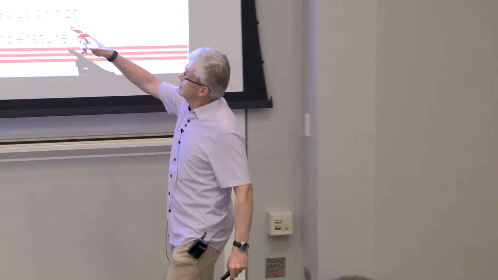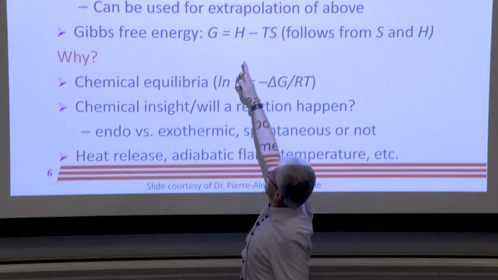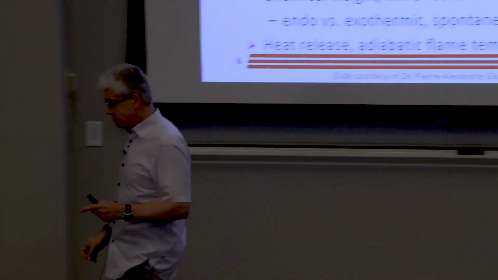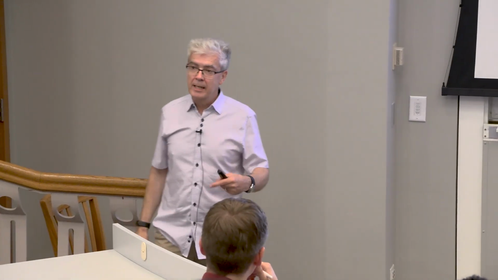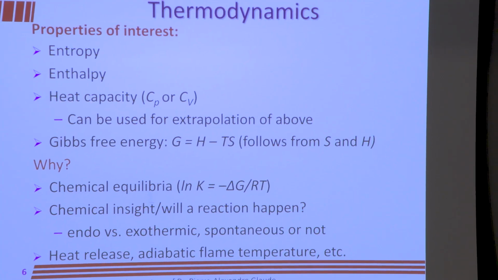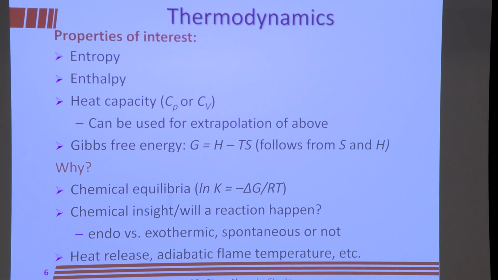So that's what G is equal to, H minus TS. What makes that most negative is if you have a 0 or negative H. In other words, picture you're on top of a hill and now you're going to go downhill, H will be negative, or 0 if you're on a flat.